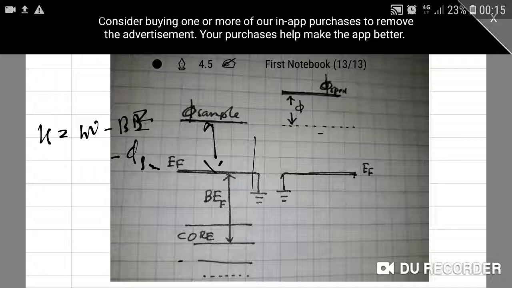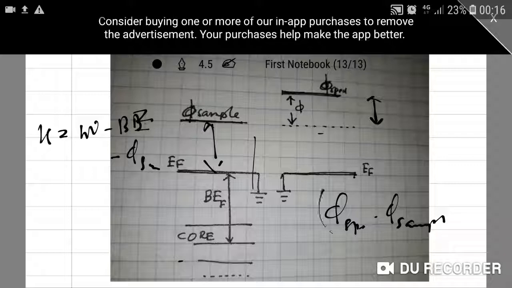But when this is measured here, we have an error of this amount, and that is the difference in phi in spectrometer minus the phi in sample.